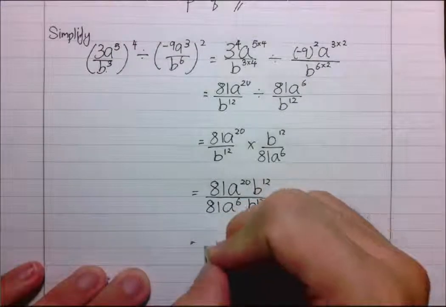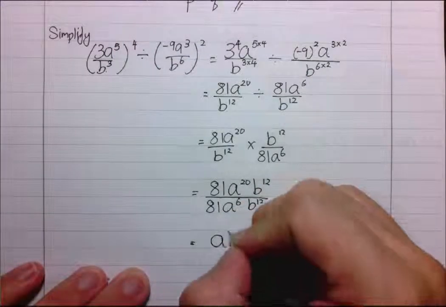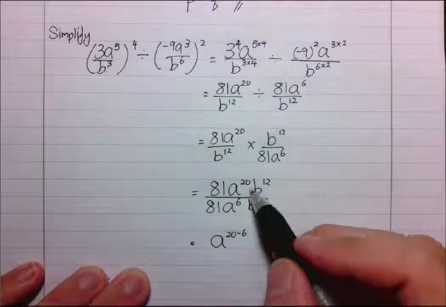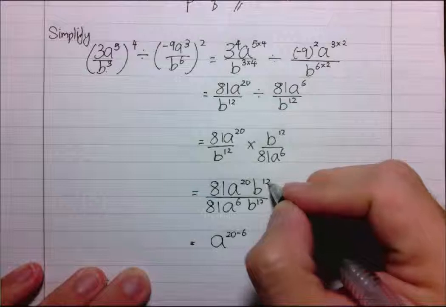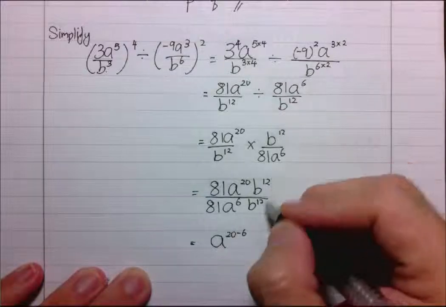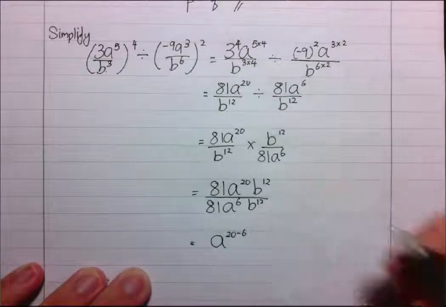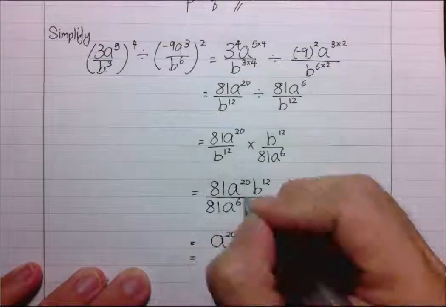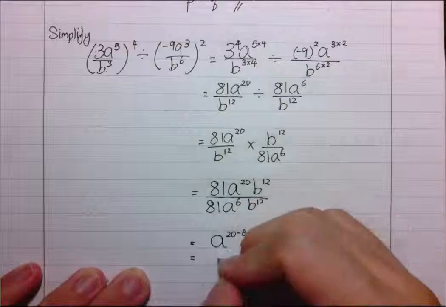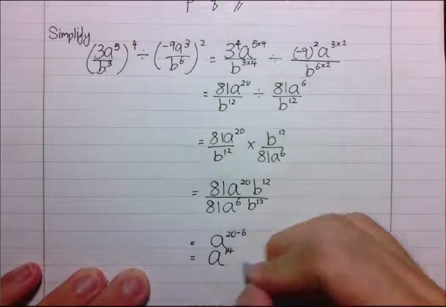What we have left is a to the power of 20 minus 6, that is a to the power of 20 divided by a to the power of 6. And b to the power of 12, b to the power of 12, you cancel or eliminate both of them, you have nothing left. It's 1 actually. So all I have is a to the power of 20 minus 6, which is a to the power of 14.